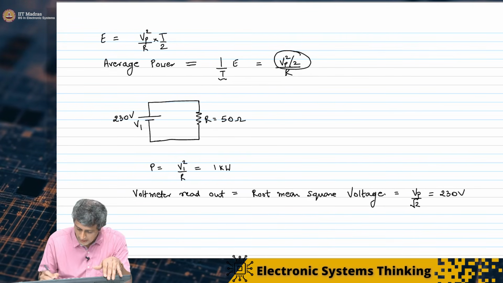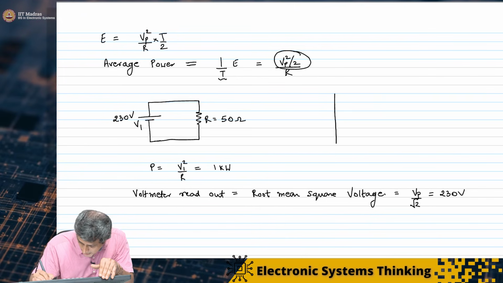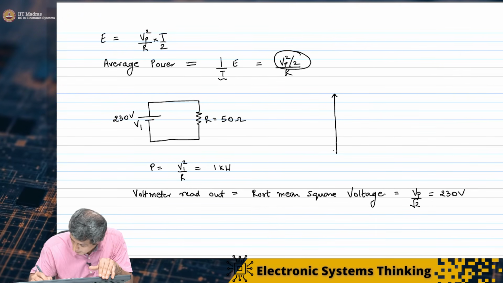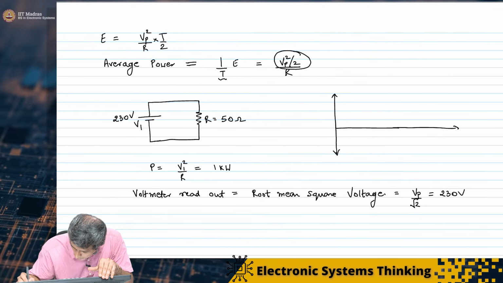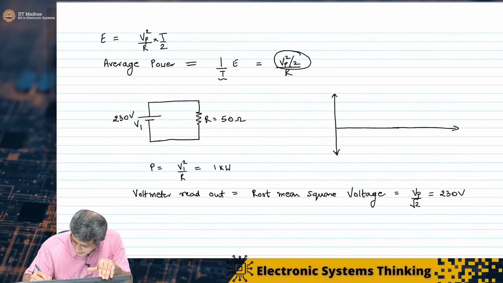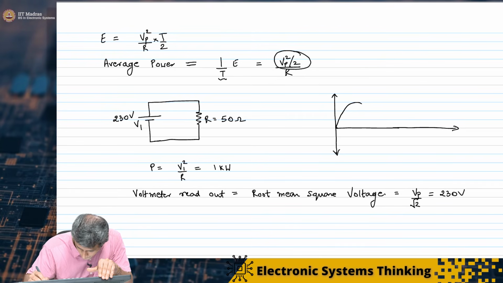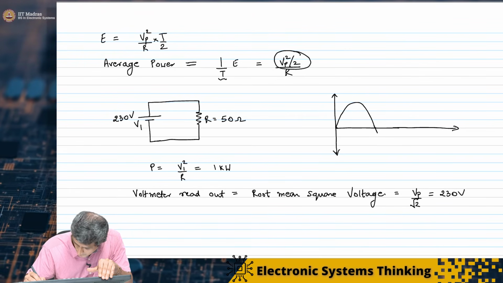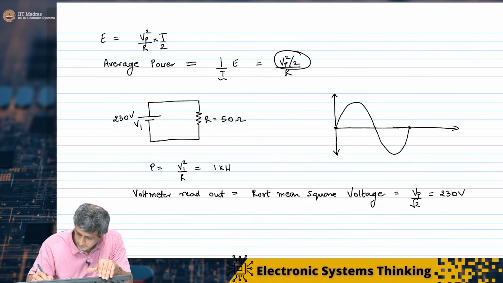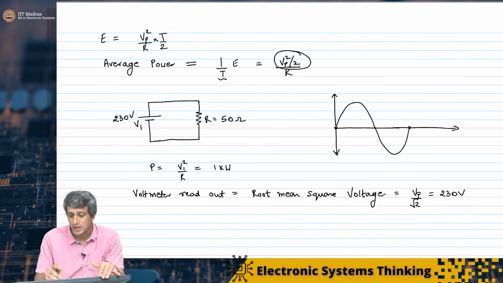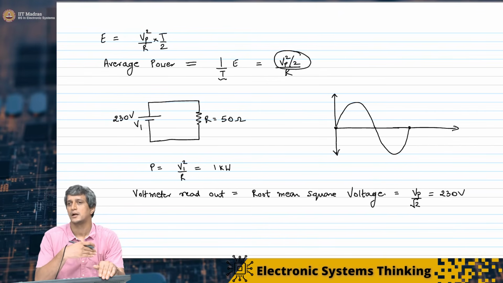So what does this mean? The current that is actually coming out from your main power supply at home is a sine wave of this form. Remember, in this equation the time period has been removed.